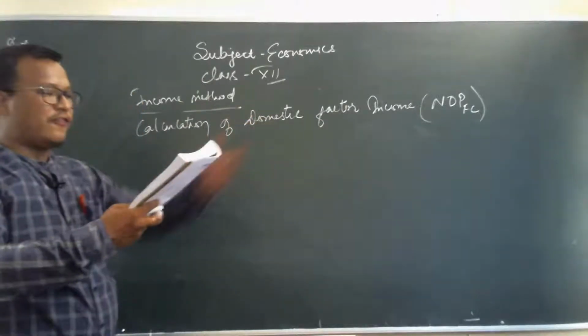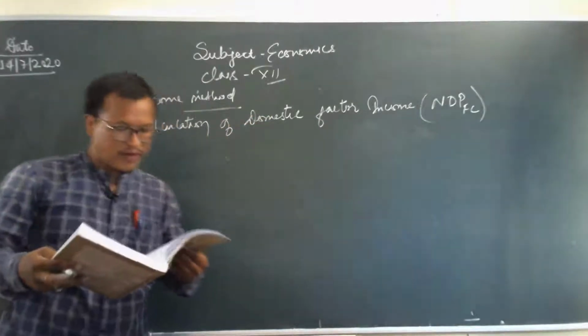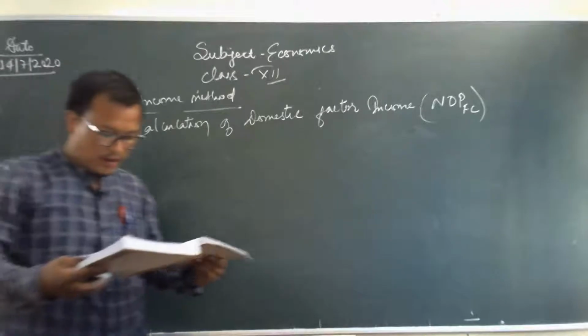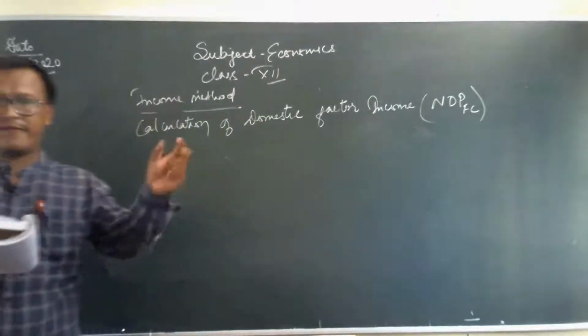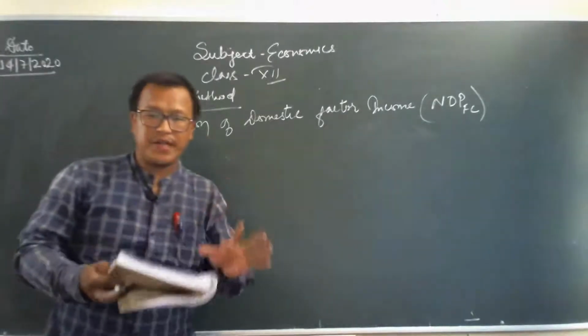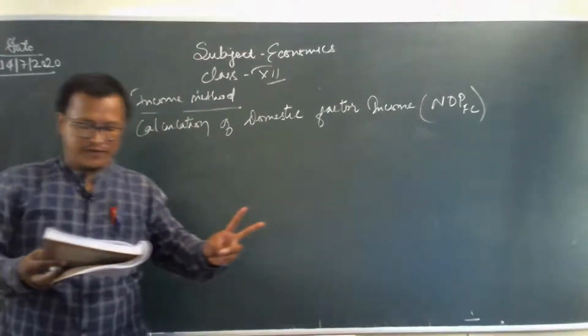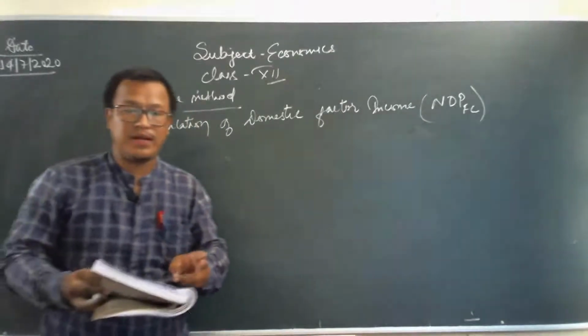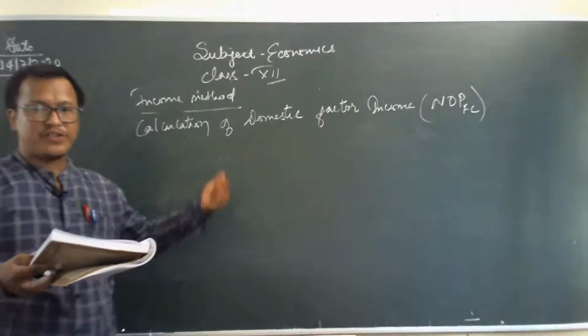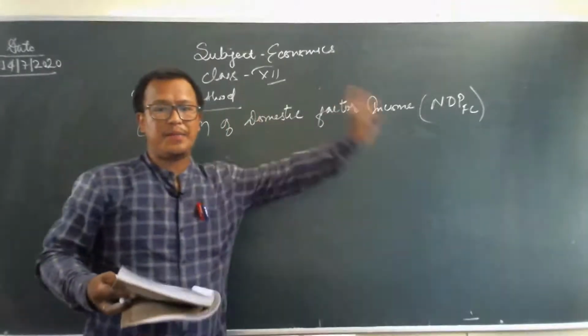So then, for the calculation, first we have to do the identification of producing enterprises. Second is classifying the factor payments. We have to classify compensation of employee, operating surplus, and mixed income.